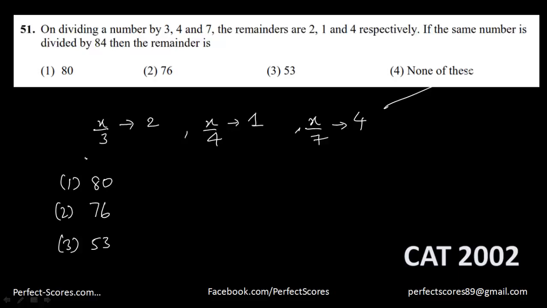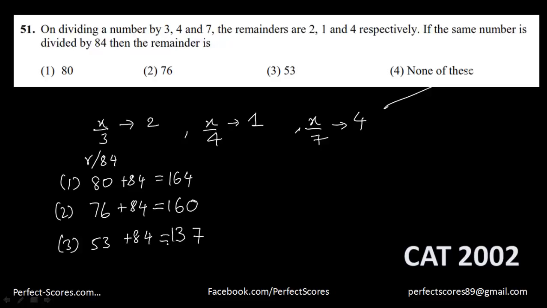Now these are the remainders when the number is divided by 84. That means if I add 84 to all the numbers, I would get a little bit of an idea about those numbers. So 80 plus 84 is 164. 76 plus 84 is 160, and 53 plus 84 would be 137.